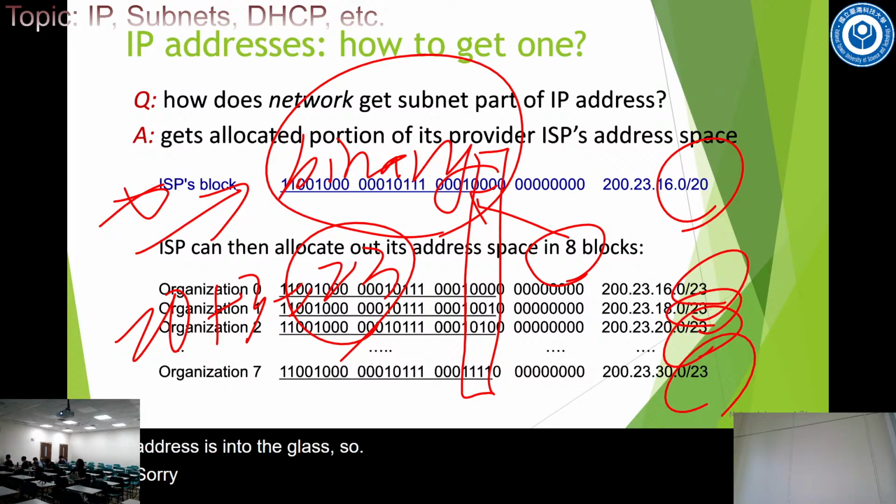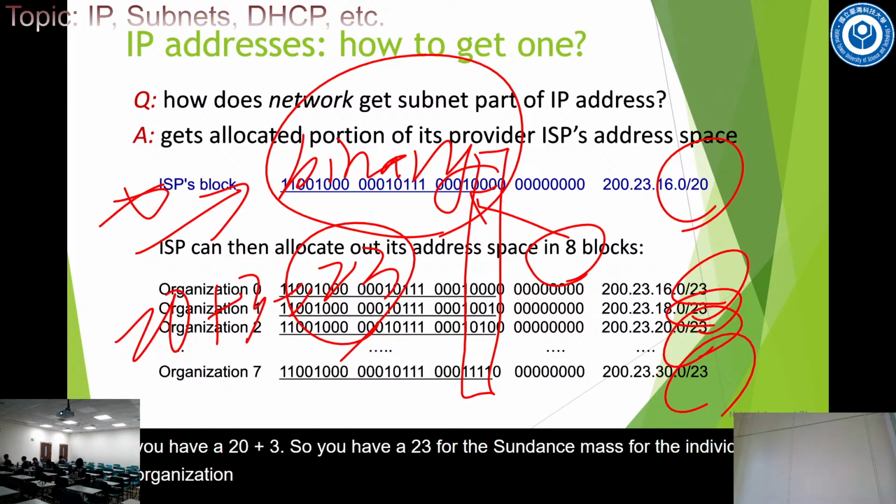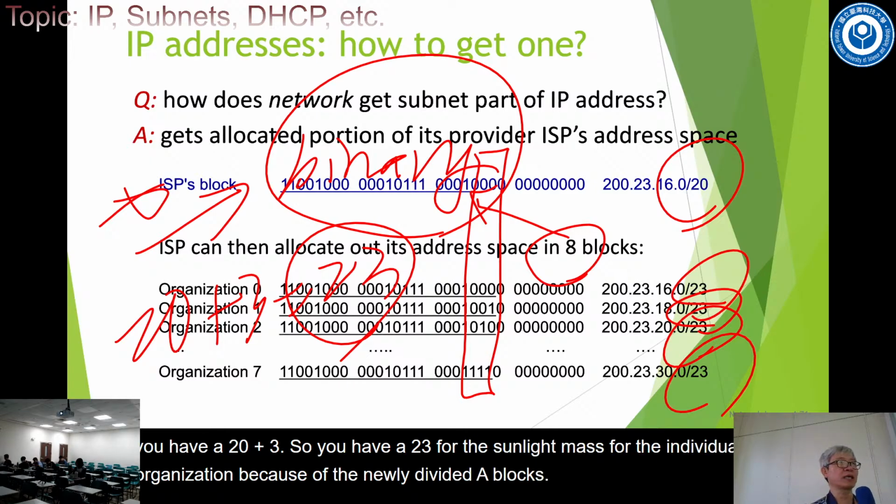So you should have 3 more bits, so you have 20 plus 3. So you have 23 for the subnet mask for the individual organization because of the newly divided blocks. About the current idea, it should be okay, right?